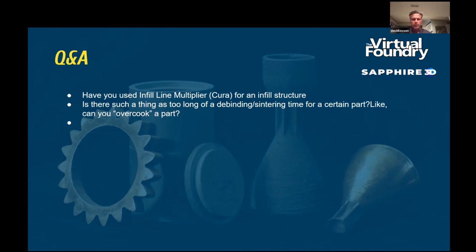And I would throw in a third variable: time, temperature, and oxygen. Depending on a lot of these things we've been working with, like the coconut shell carbon to inhibit the oxygen, what I've found is if you go too long, you run out of that material and then you oxidize the part.